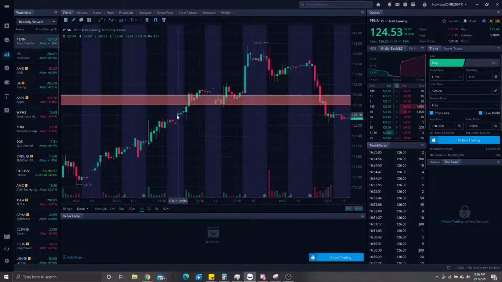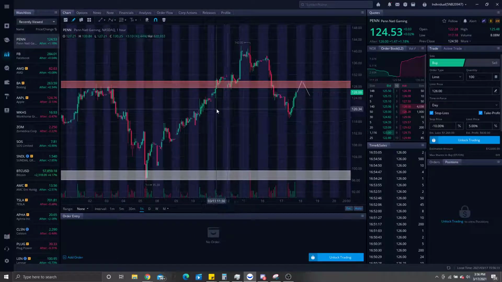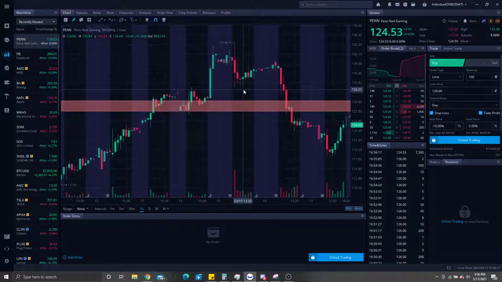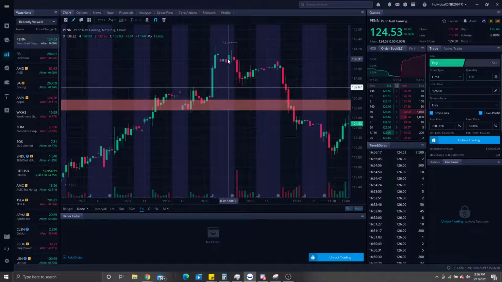See here, this is a 1 hour chart. I would have taken this trade, but you don't have any areas above it, so your trailing stops would have gotten you stopped out. If you're trading options, probably around break even is where you would have been stopped out here, because this is 1, 2, 3, 4, 5, 6, 7, 8, 9, 10 hours later.